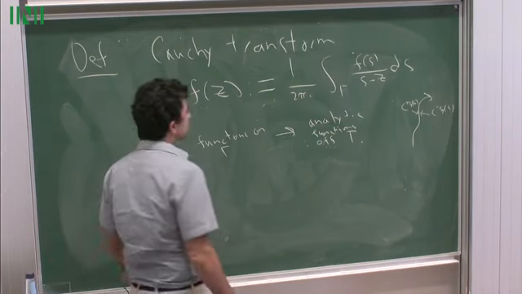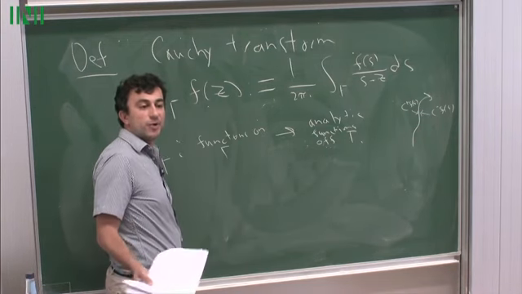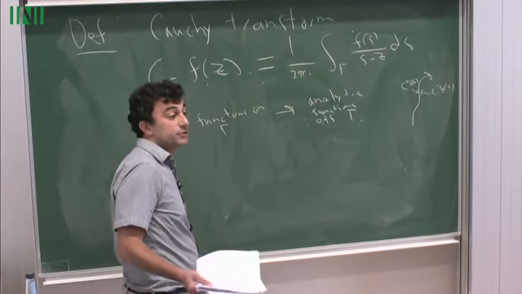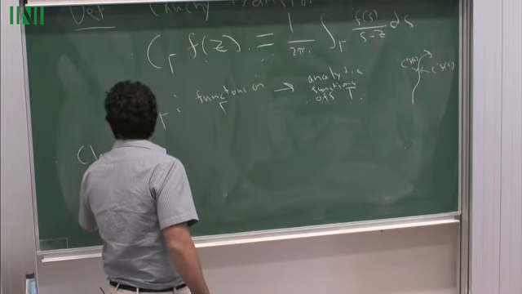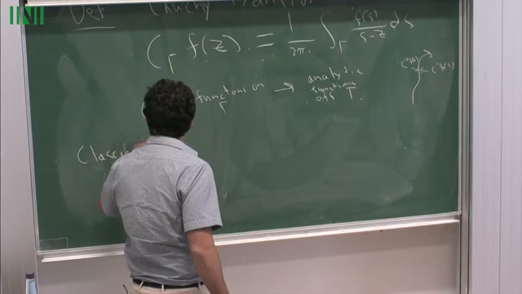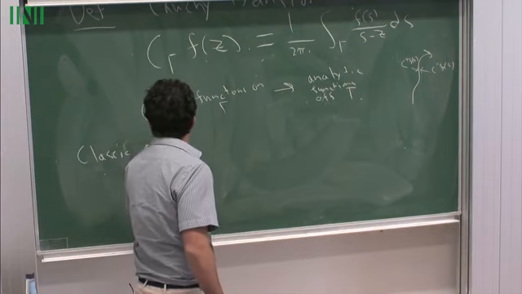Now, being an integral, you might think, well, I know how to calculate Cauchy transforms numerically. That's pretty easy. You just use quadrature.